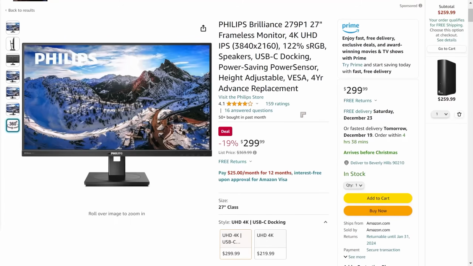It has a lower refresh rate, 60 Hertz, and it's not compelling for gaming, but it does have many of the advantages that the Philips monitor range has. You might want to go for this one in the United States. It is 4K, so it is quite a lot larger in terms of resolution than the other ones we've looked at, and it is on a deal, so you get a 20% discount.